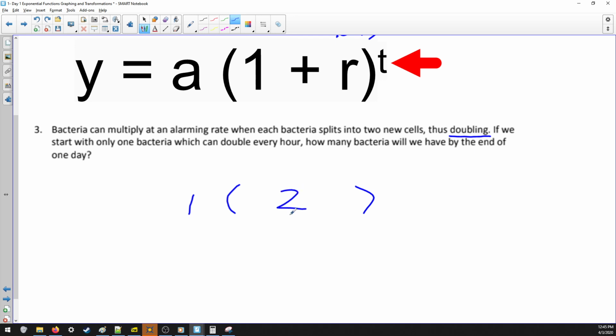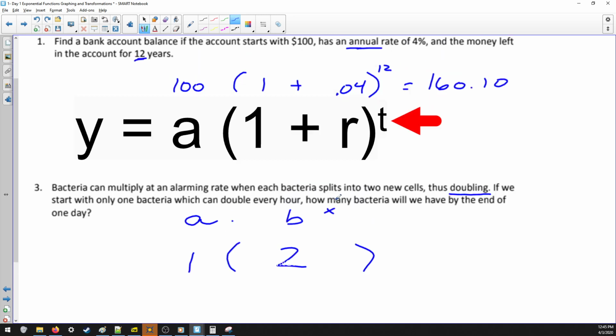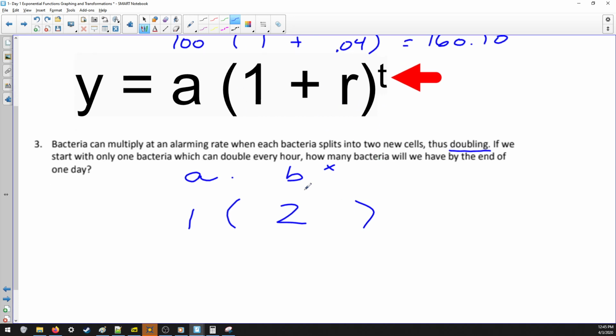We talked about how all of them are something more like A times B to the X. That's the general form. This is a specific version of that for percentages, where I can do 1 plus 4%. If they don't talk about percentages, I'm going to go back to the much simpler version and ask what I am multiplying by over and over again. If we're doubling, I'm multiplying by 2 times 2 times 2 times 2 forever. So I'm going to say we're starting off at 1 bacteria.